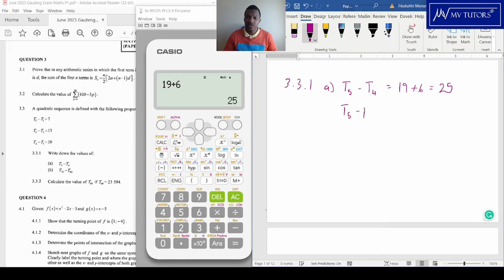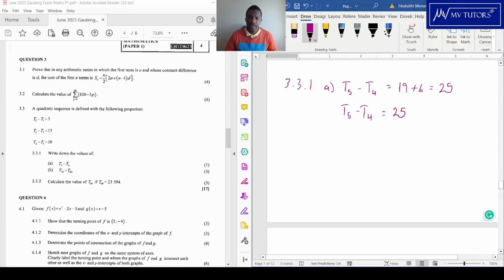T5 minus T4 is therefore equal to 25. Cool, let's just do the next one, b. So for b, they now want T70 minus T69. Now what I want you to notice, our series starts at 7, and we're saying 7 is our first term.